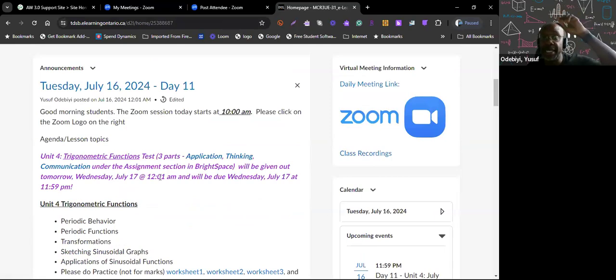So you can start working on the test at 12:01 midnight. You don't have to wake up in the morning and start. You can start working on it at nighttime. And then you have the whole time until tomorrow at 11:59 p.m. So please go there and work on that, and make sure you hand in your test.